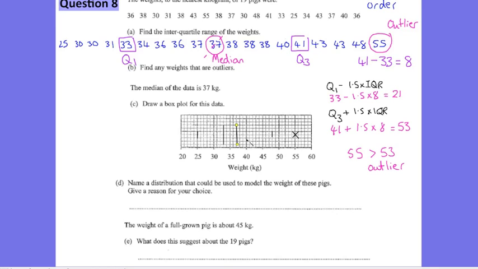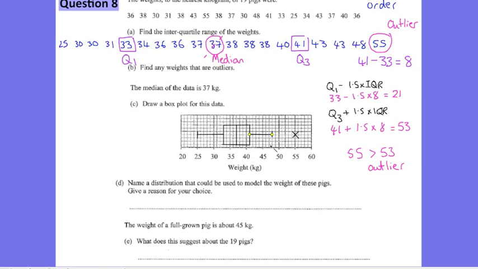And then our final value for our upper quartile at 41. Here, connecting our box. And then connecting our whiskers from our minimum and out towards our maximum.